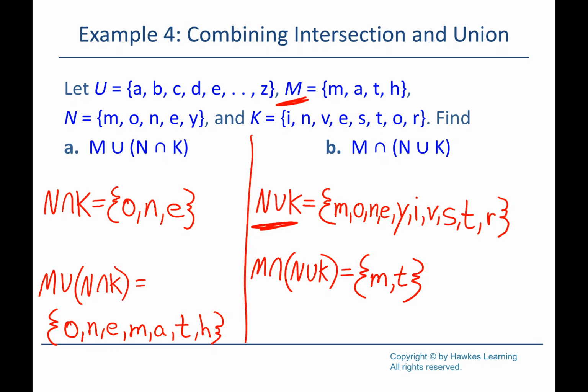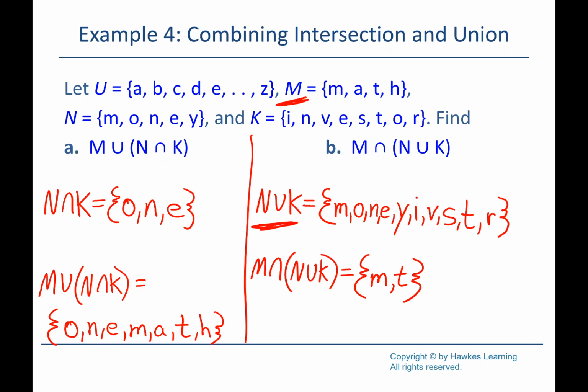Those sets are not too big, so they were not that bad. But sometimes it's hard to just look and find it. All right, questions on those? Just start in the parentheses. Just look at two sets at a time, and then they're not bad. Okay.